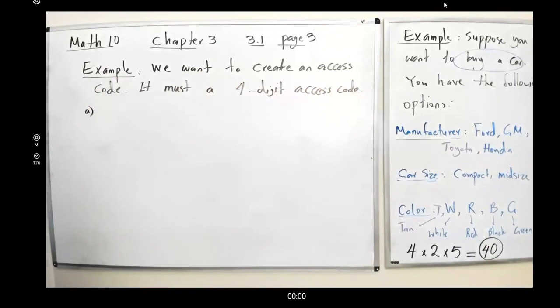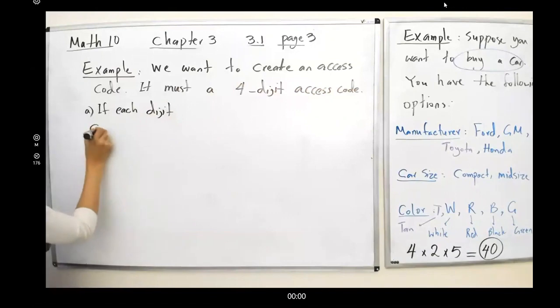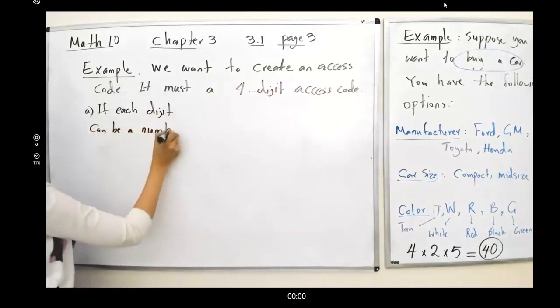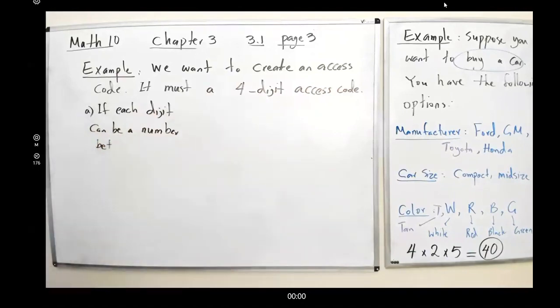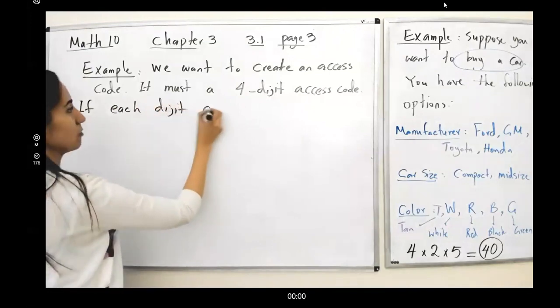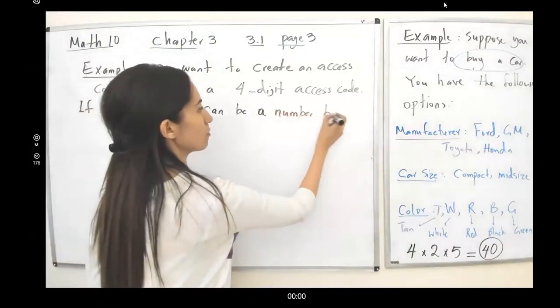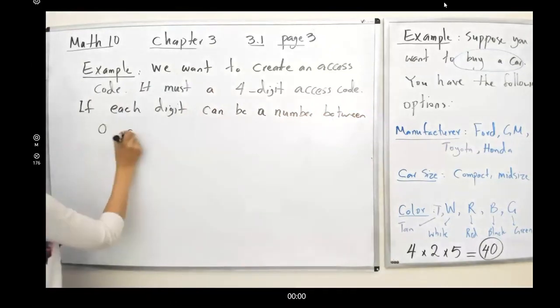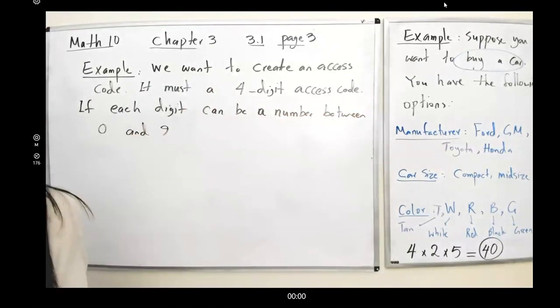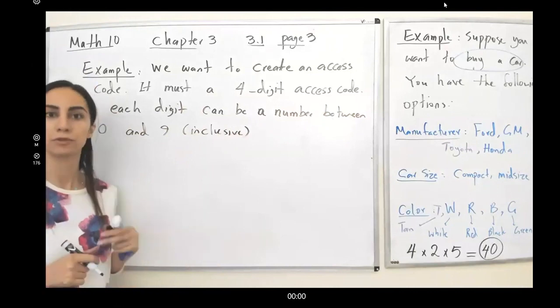First of all, if each digit can be a number between 0 and 9, inclusive, it means that 0 and 9 can be included.